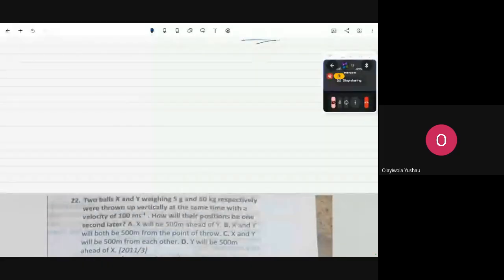So two balls of different masses weighing 5 grams and 50 kilograms respectively were thrown up vertically at the same time with a velocity of 100 meters per second. So let's write the velocity.